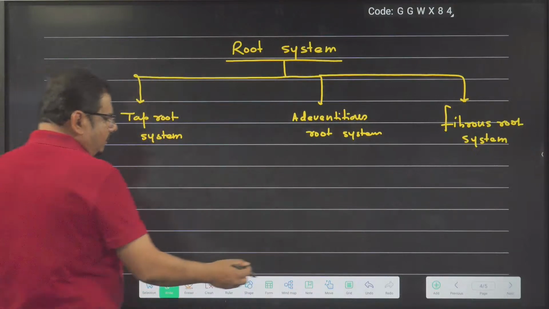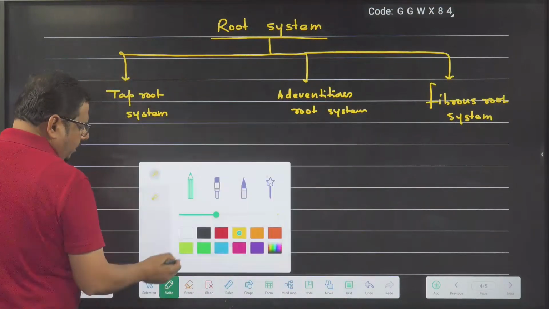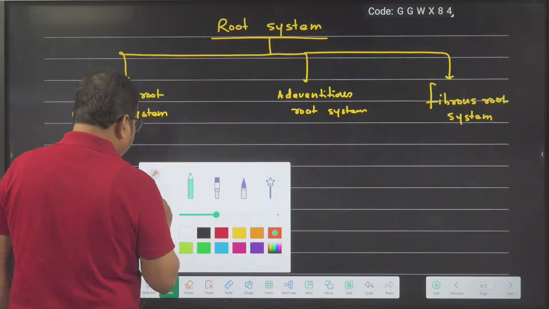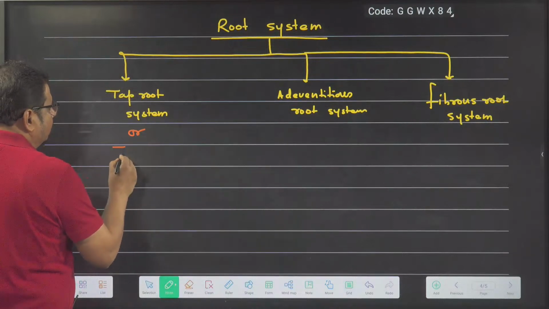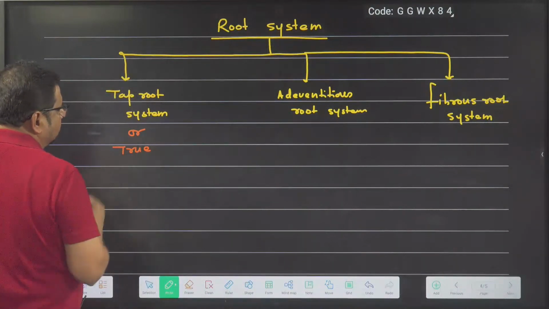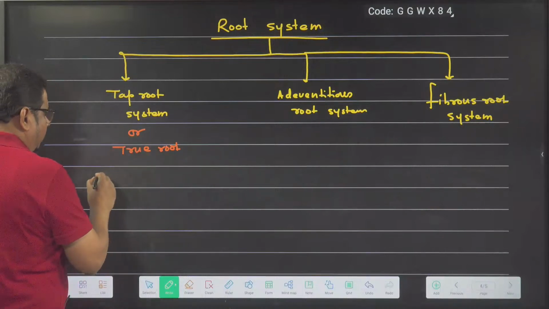Now let me write about the tap root system. The tap root system is also called the true root.